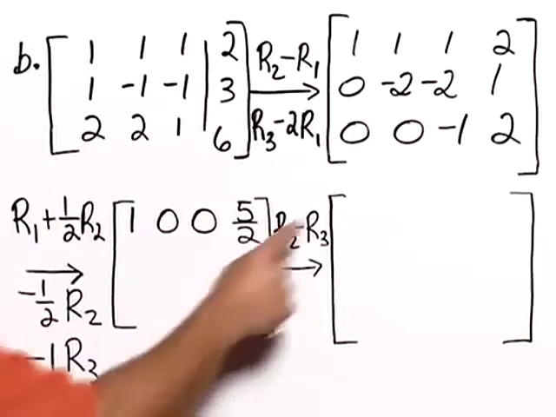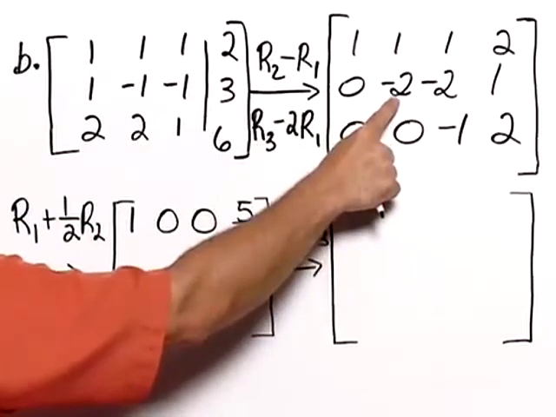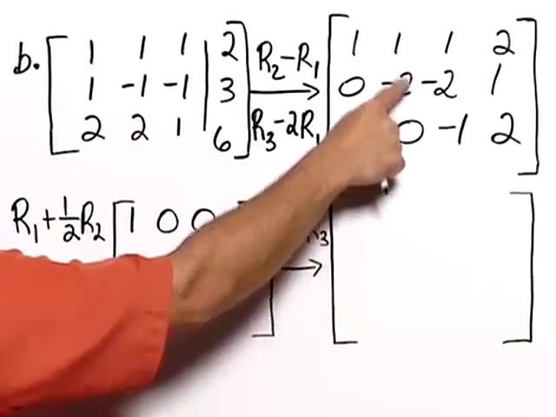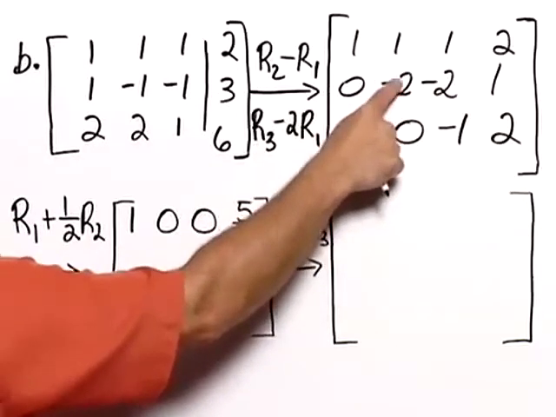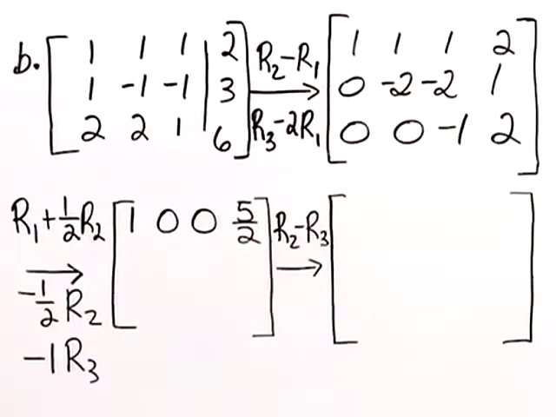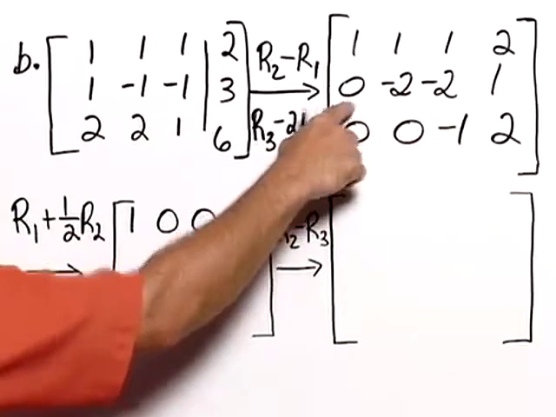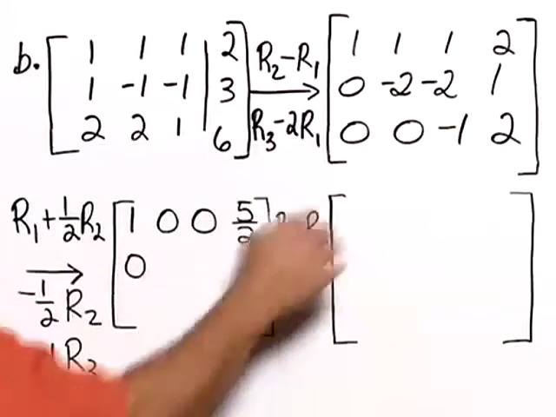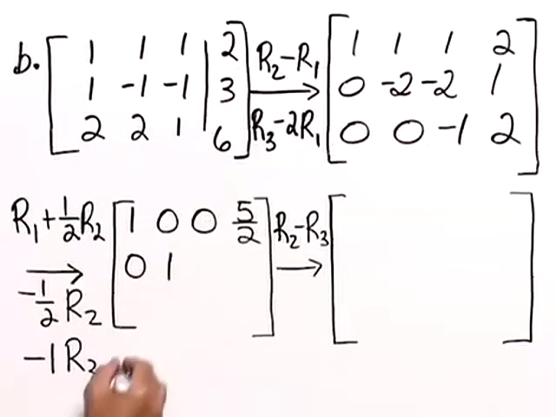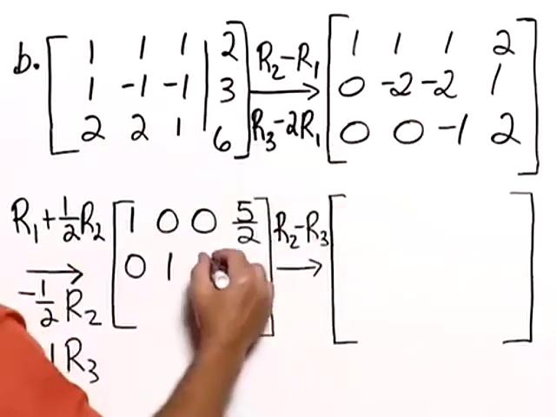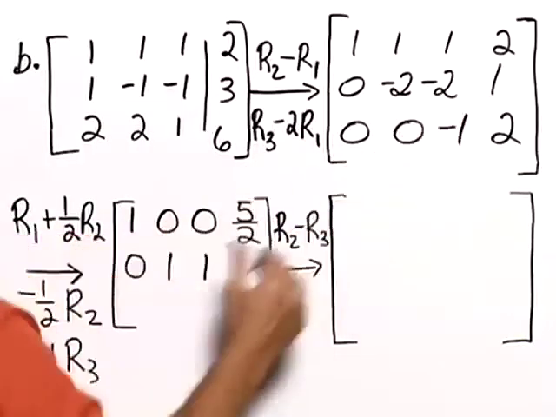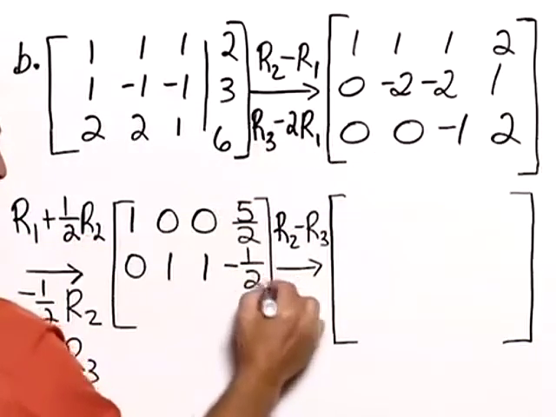And you'll see the reason for that is we will be creating a 1 in the position of row 2, column 2, which is exactly what we want to get 1s going across the diagonal. So negative 1/2 of 0 is 0. Negative 1/2 of negative 2 is positive 1. We repeat that there. And now we take negative 1/2 times 1, which is negative 1/2.